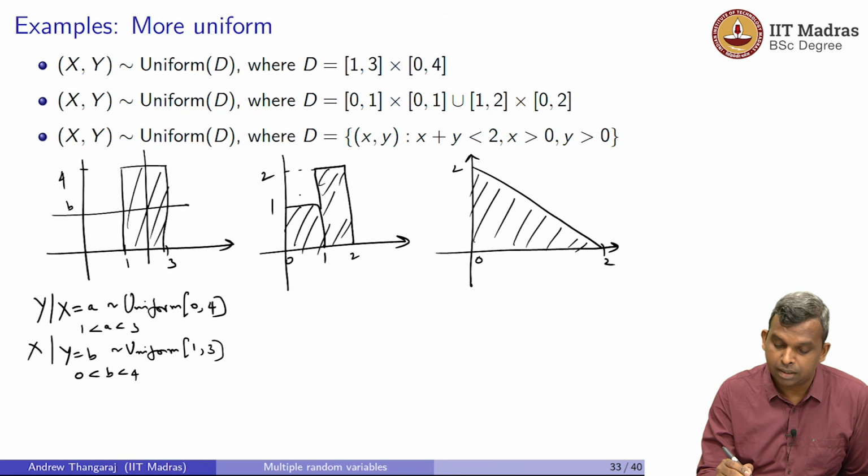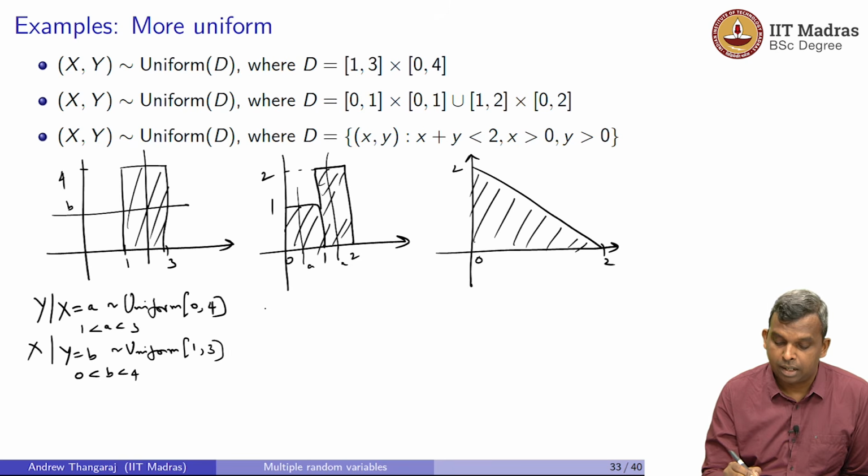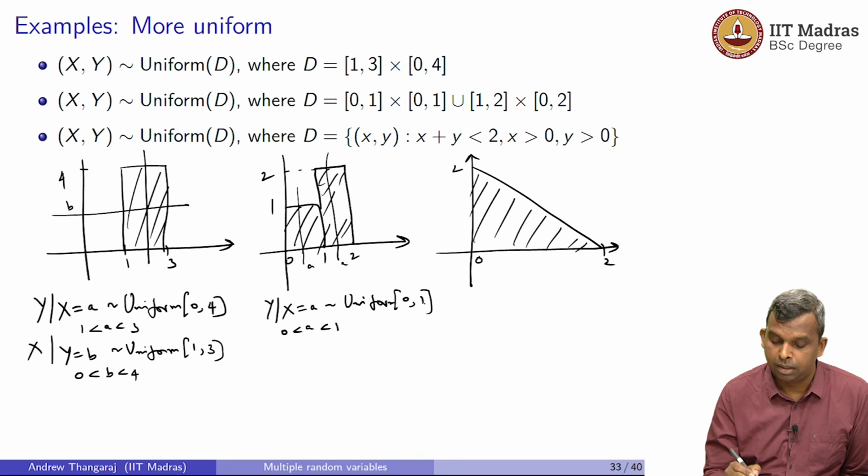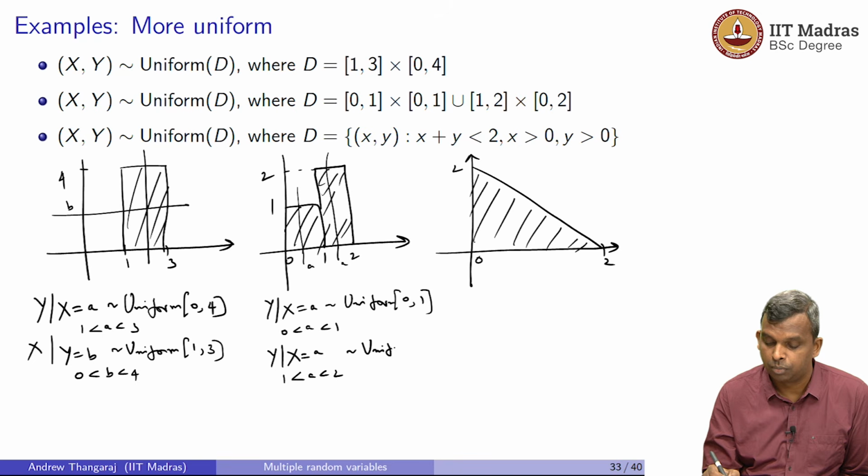So, here things are going to be slightly different. You can take a here and here if you like. The conditional of y given x equals a, for a between 0 and 1, is going to be uniform 0, 1. Okay. So, y given x equal to a between 1 and 2 is uniform 0, 2.